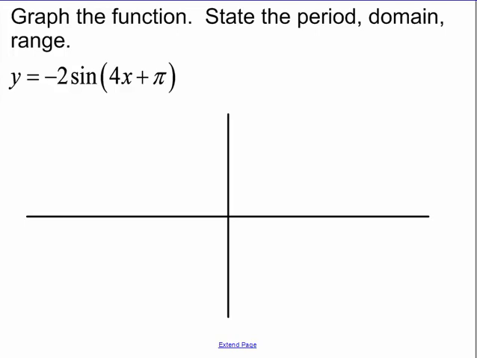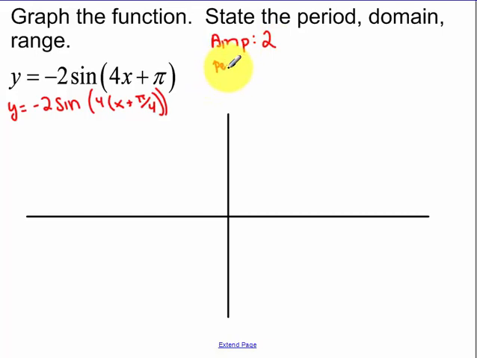In this example, we're graphing a sine function. There's a whole lot happening in here. Just remember that whenever you're graphing a sine function, you first have to factor out that B so that you know what your phase shift is. So then our amplitude is the absolute value of this A value, so that's 2.